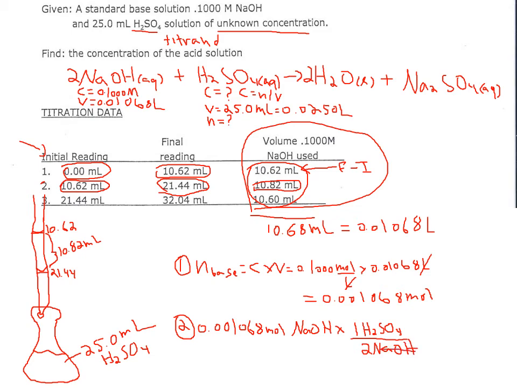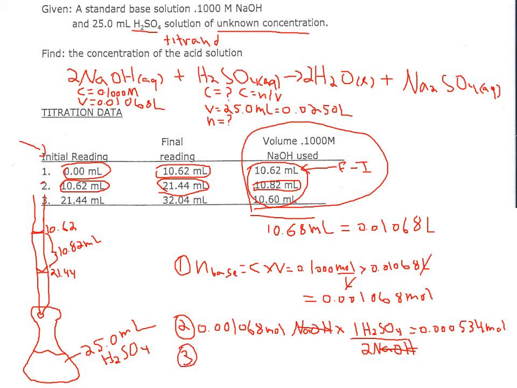Cross NaOH out, and you get moles of H2SO4. I get 0.0000534 moles.